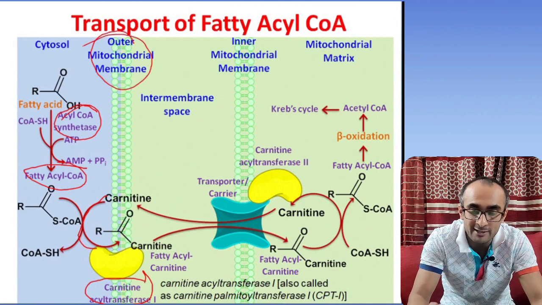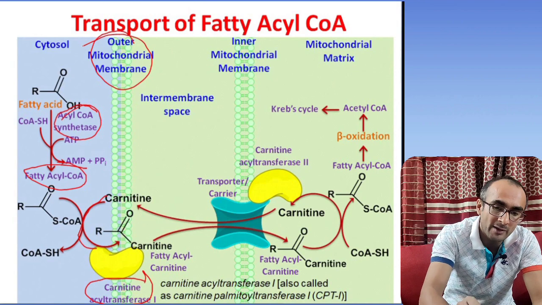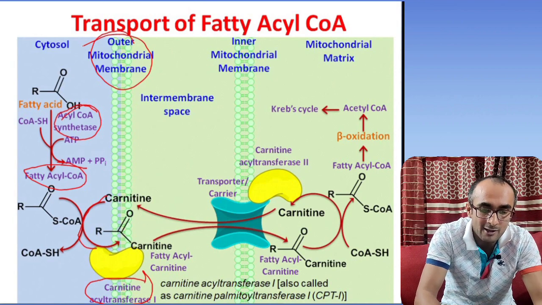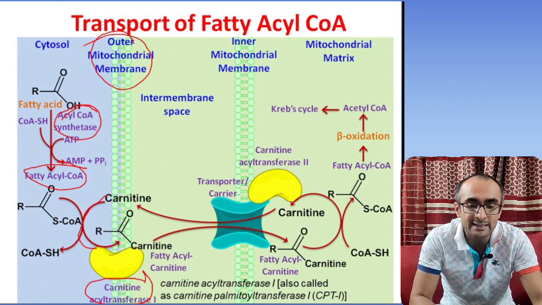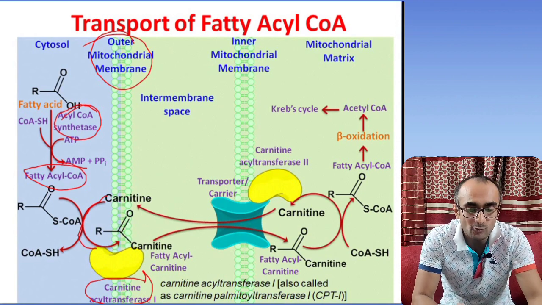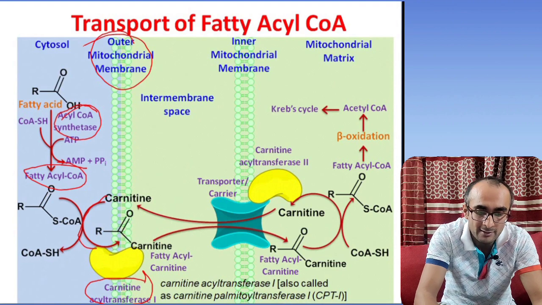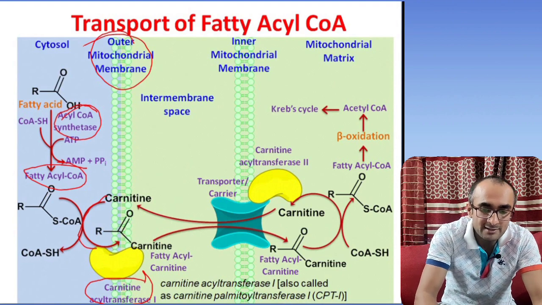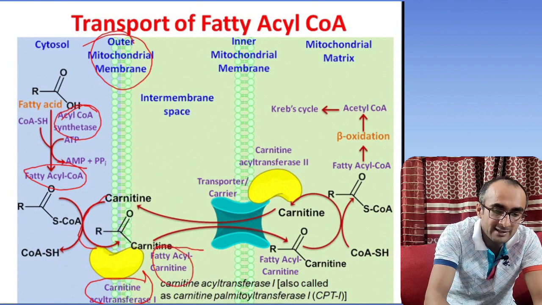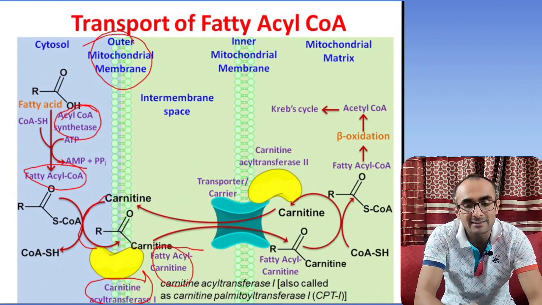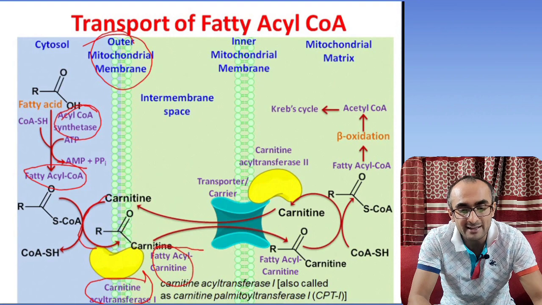Mitochondria mein do membrane hoti hain, inner membrane and outer membrane. So in outer membrane which is on the cytosolic side, wahan pe you have a membrane embedded enzyme called carnitine acyl transferase 1. So carnitine acyl transferase 1 forms this fatty acyl carnitine from fatty acyl coenzyme A, ek carnitine ke saath react karayega and it will become fatty acyl carnitine.